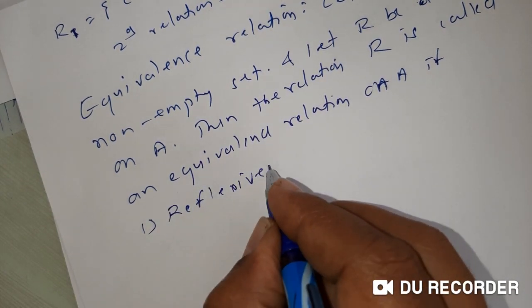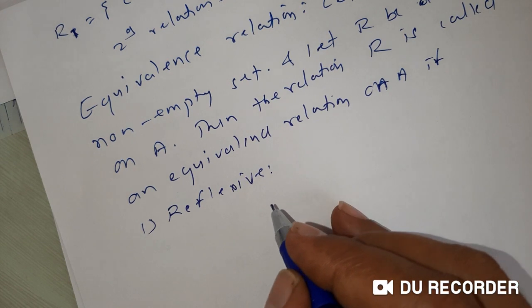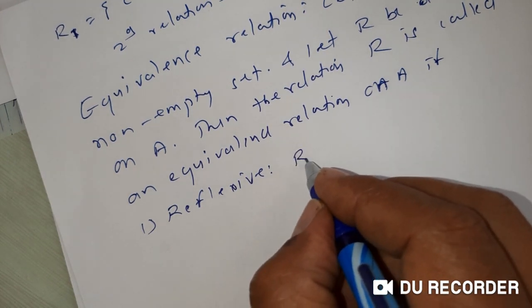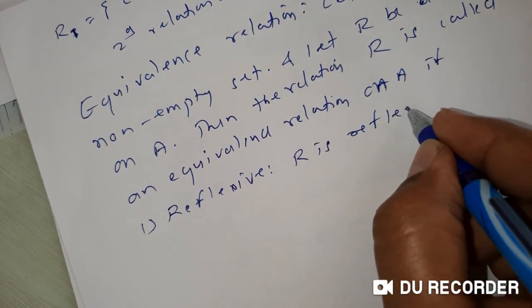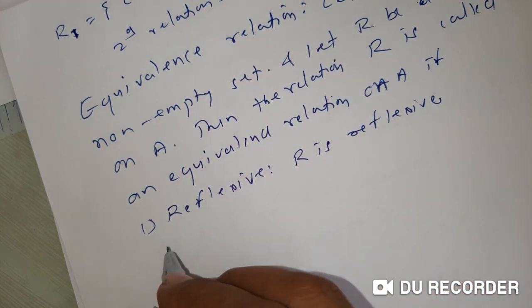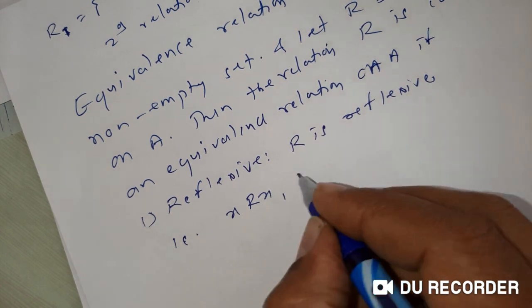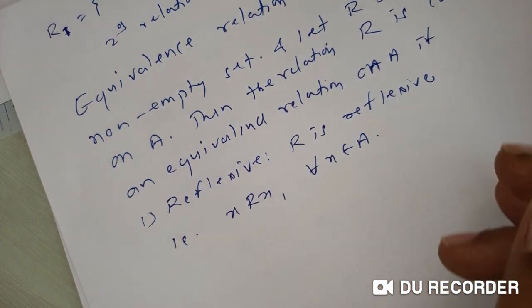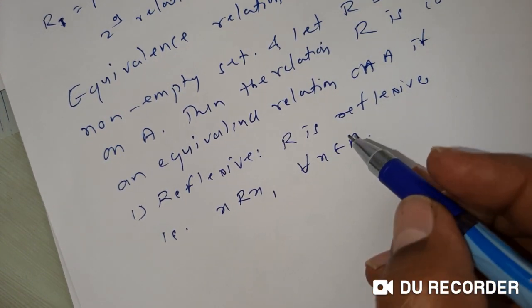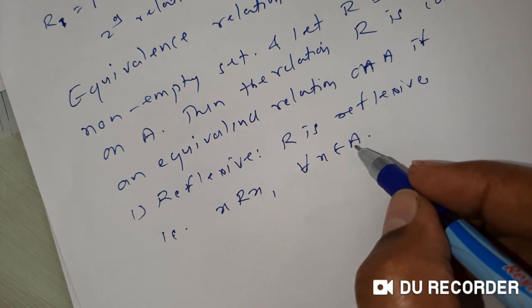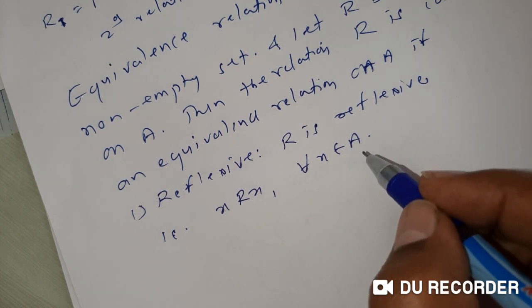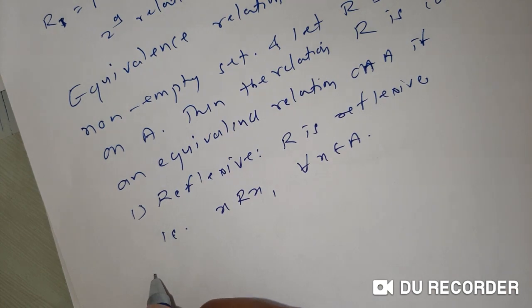Property number 1, reflexive. That is, if R is reflexive, that is what? x is related to x for all x belongs to A. It means every element of set A is related to itself, then we say the relation is reflexive.